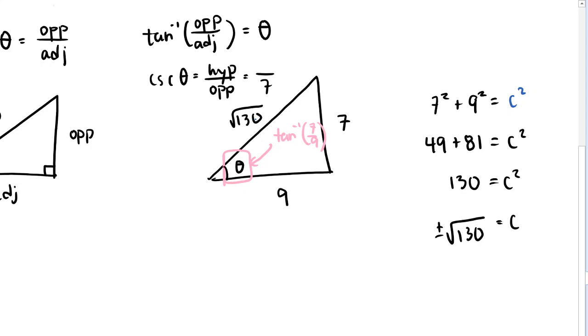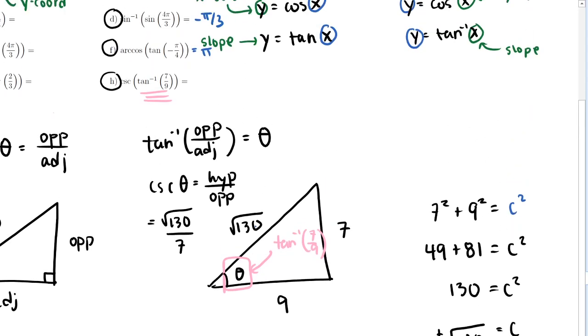And so that makes cosecant of inverse tangent of 7 over 9 equal to the hypotenuse, the square root of 130, divided by opposite, so this is over 7. This is the square root of 130 over 7.